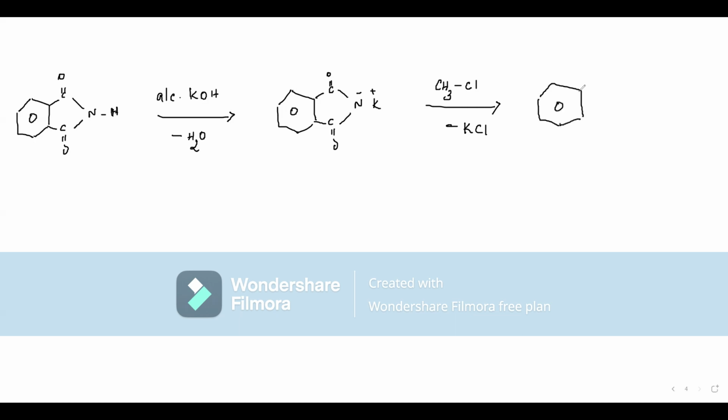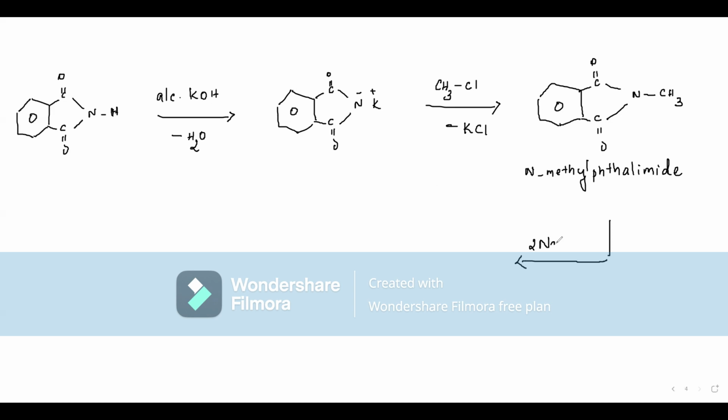The benzene ring, your C double bond O remains intact, which is connected to a nitrogen, and that is now connected to the CH3 group, which is N-methyl phthalimide.